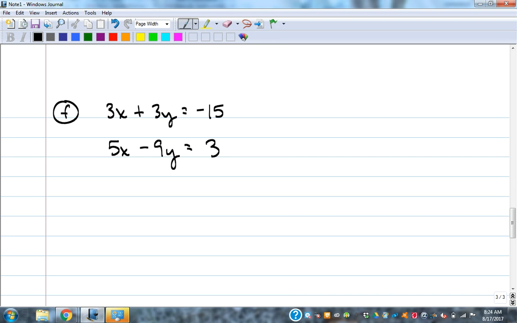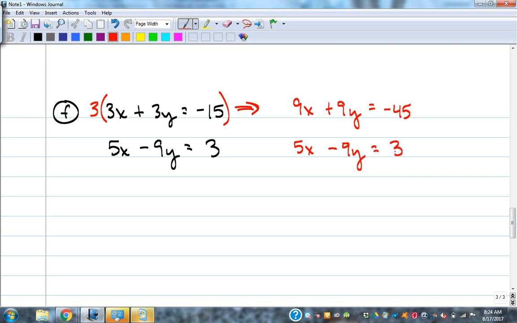Yeah, and that would get us opposites on which variable? The y and the -9, right? So if we multiply this top one by 3, that changes it to 9x plus 9y equals -45. And then the bottom one doesn't need to change. We're just trying to get those opposites there.